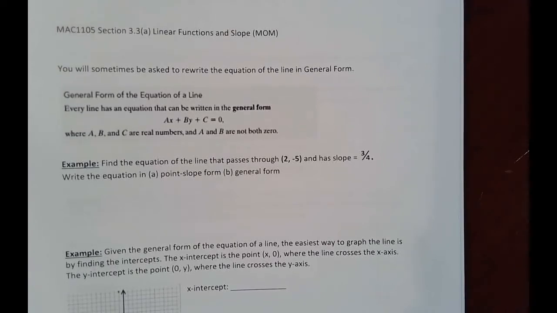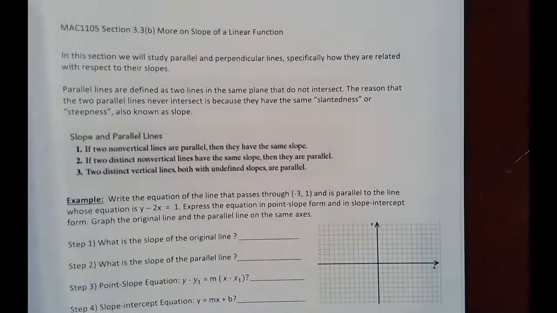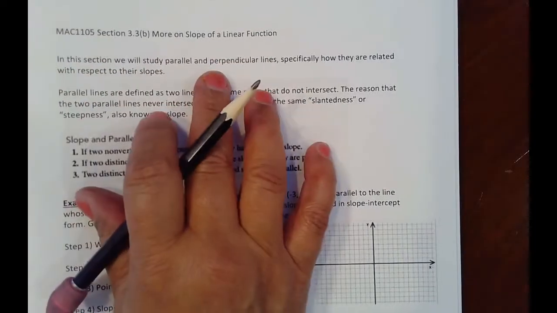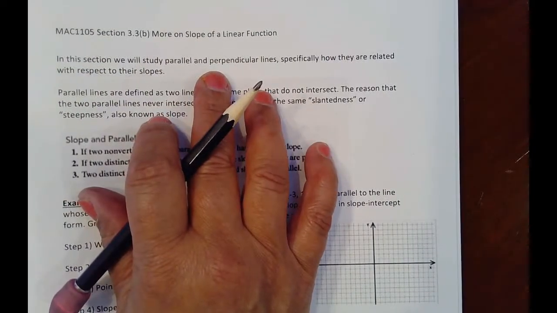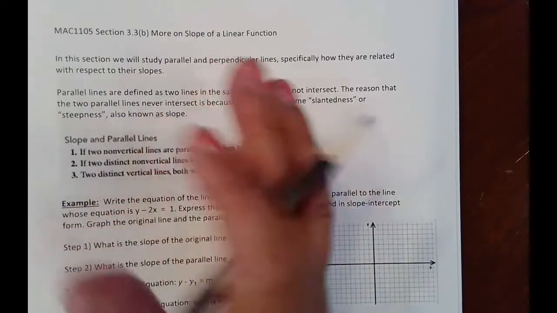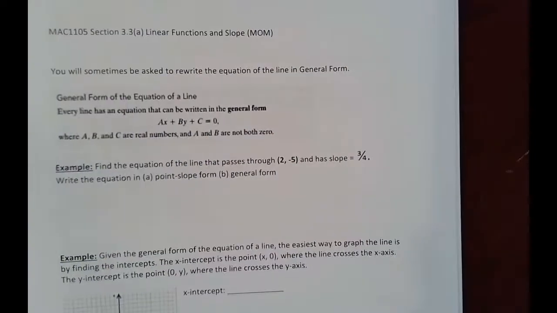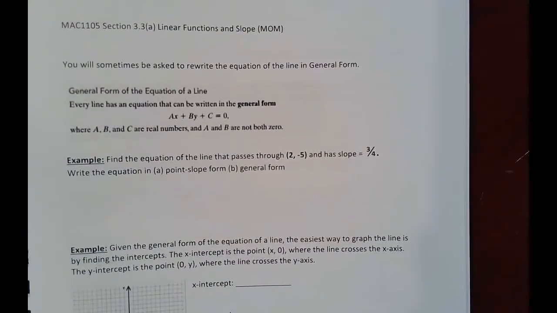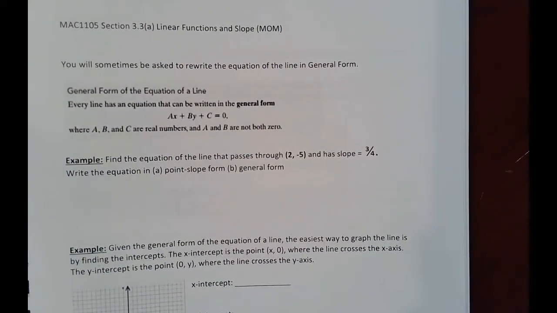Of linear functions and slope. This next one, I combined all of this, calling it section 3.3, and I called it A and B. In your software, it may just all be section 3.3, where the problems for all of this are in one section.